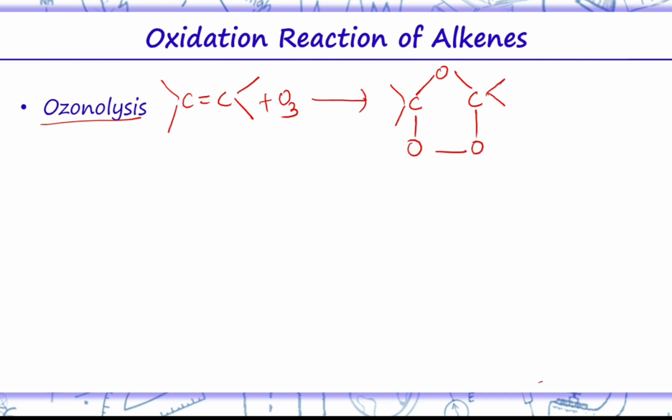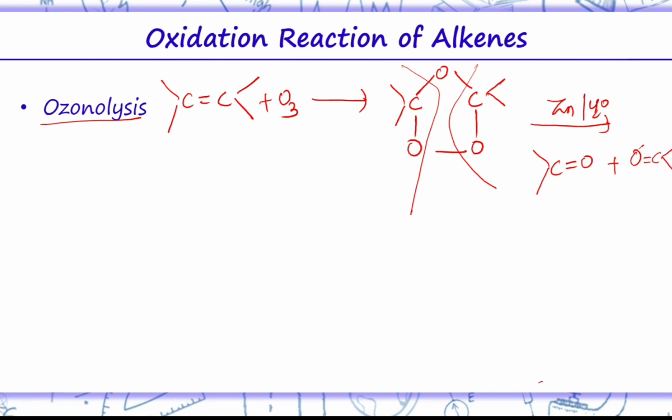Since this ozonide complex is very unstable, it is further reduced with zinc and water. This cleavage takes place, and here we get C=O plus C=O.